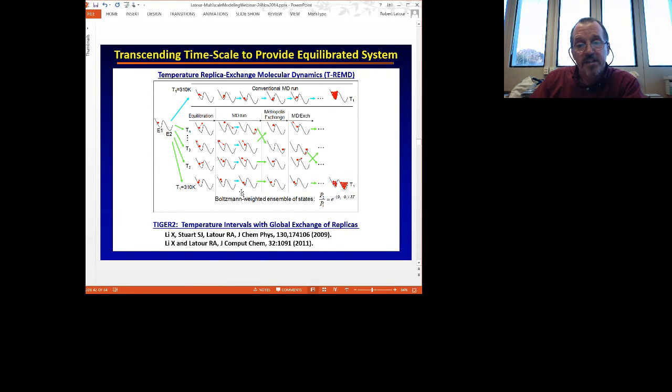So with replica exchange, we solve this by running multiple replicas of our system in parallel. We run typically 24 or up to 42 replicas. The baseline replica is at our body temperature, for example, and then the other replicas are all simulated at exponentially increasing temperatures.